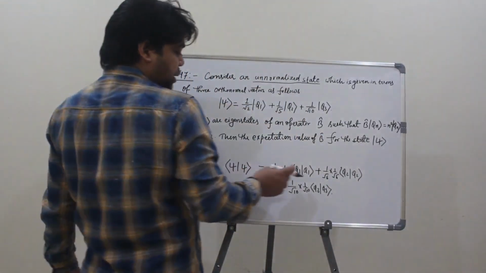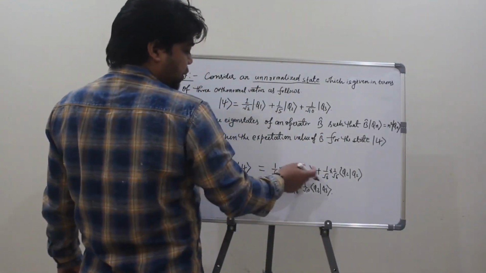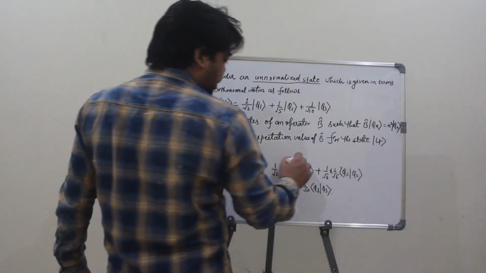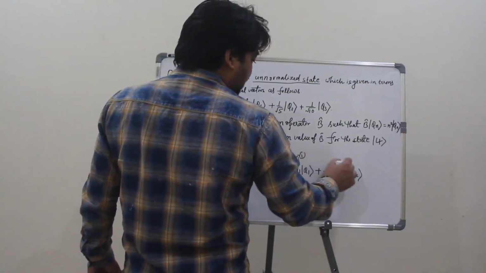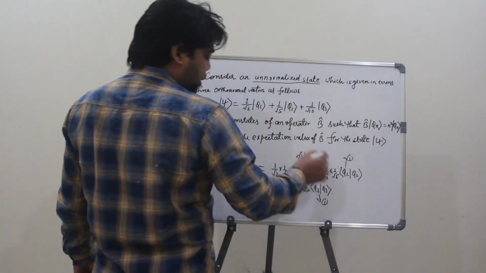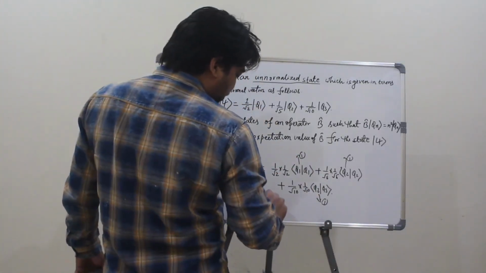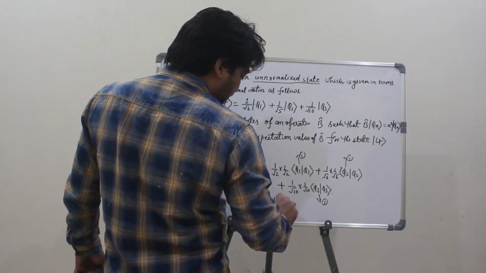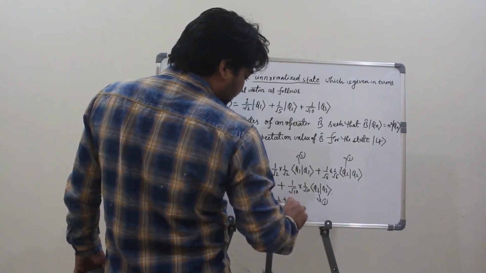Since phi 1, phi 2 and phi 3 are orthonormal states, each inner product will give you immediately 1. So you are left with 1 by 2 plus 1 by 5 plus 1 by 10.